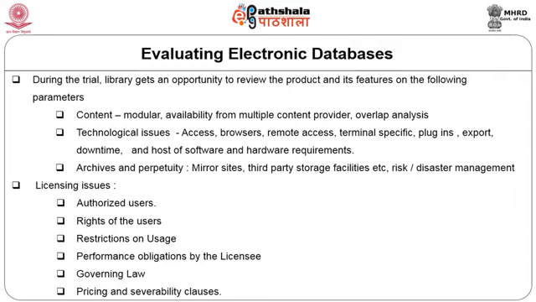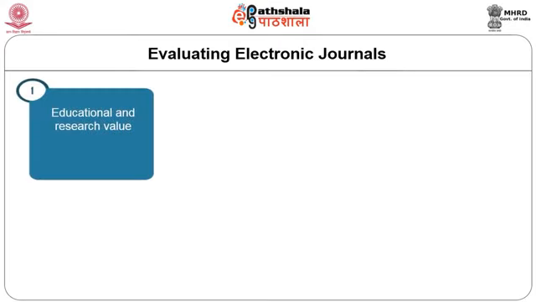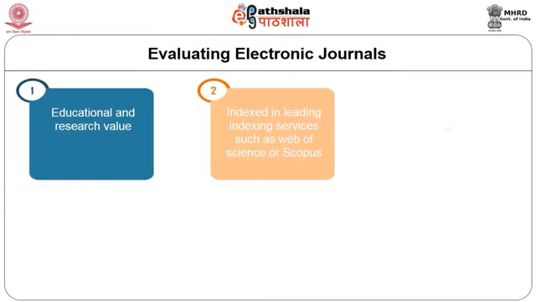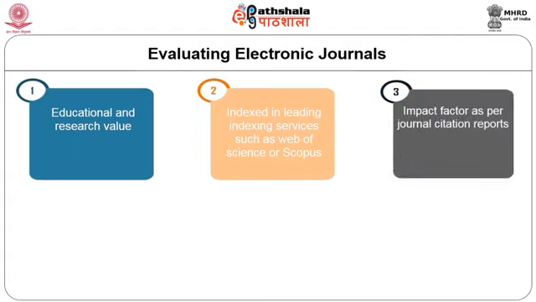Now let us look at how we should be evaluating the electronic journals and serial subscriptions. The traditional evaluation parameters that are applicable to electronic journals include its education and research value, whether a particular journal is indexed in indexing services such as Web of Science or Scopus, the impact factor based on the citation studies, whether it is by Scopus or Web of Science, or there are a host of other journal ranking organizations.